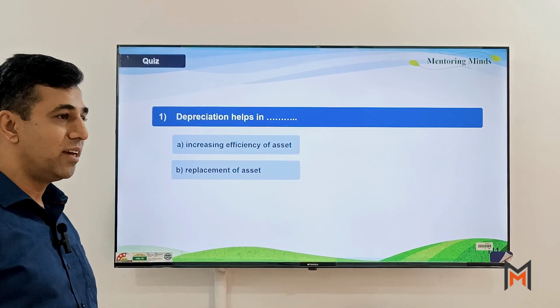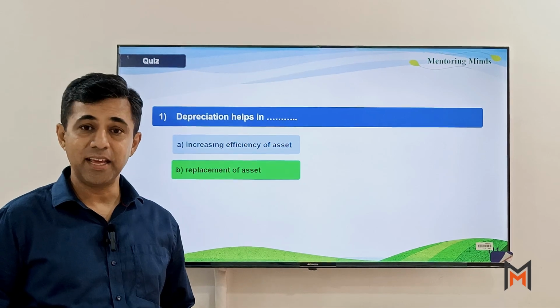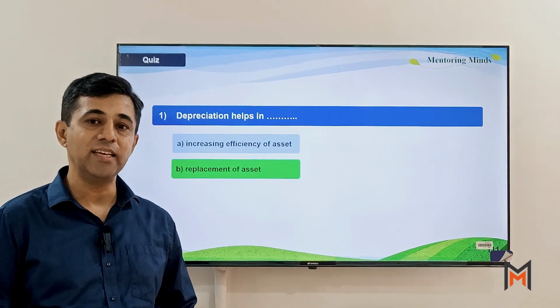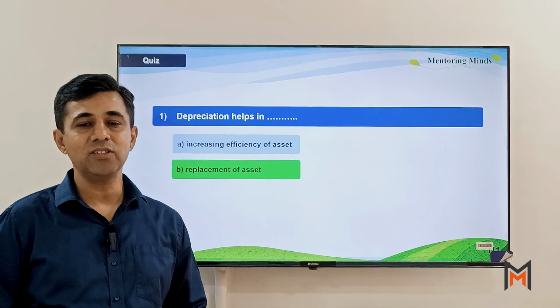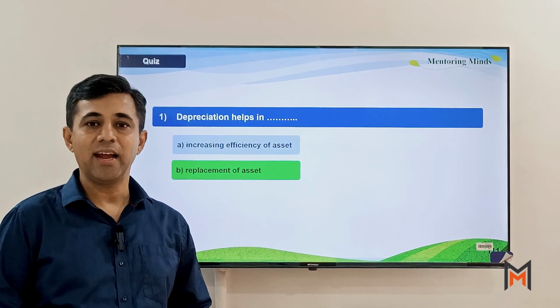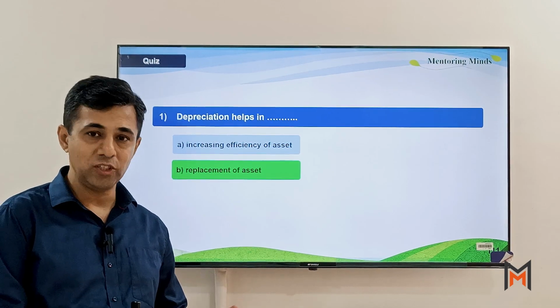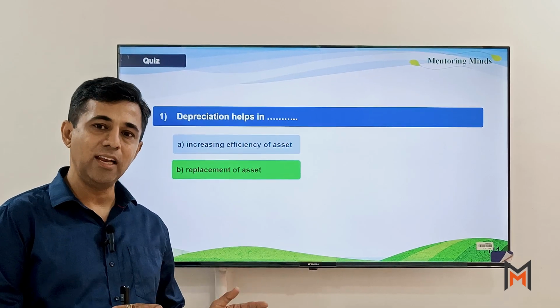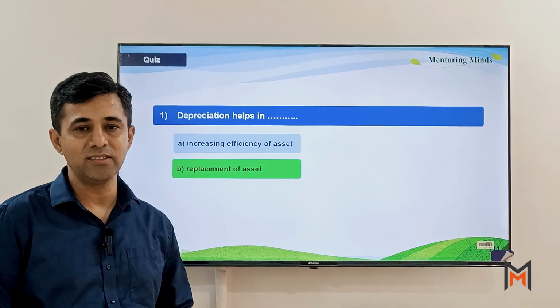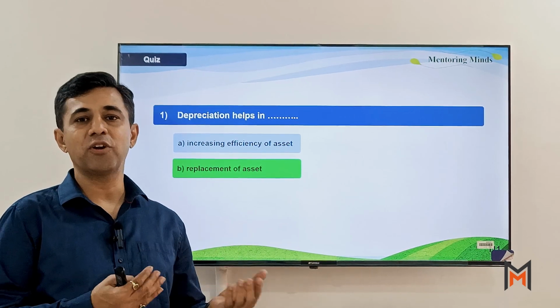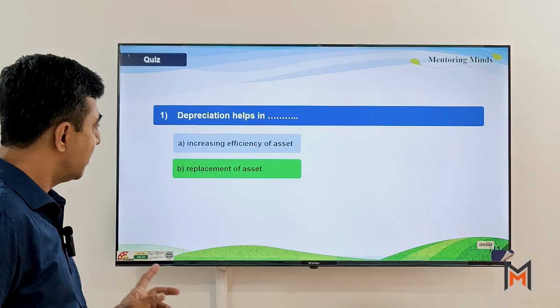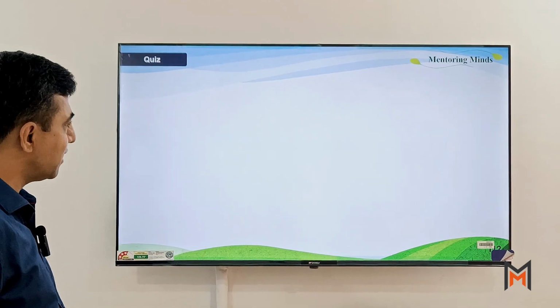The answer should be replacement of asset, as depreciation helps in replacement of asset. Depreciation is a non-cash expense and these non-cash expenses are kept aside in the form of provision. This provision helps after certain years to utilize that money for replacing the asset. So that's why the correct answer is replacement of asset.